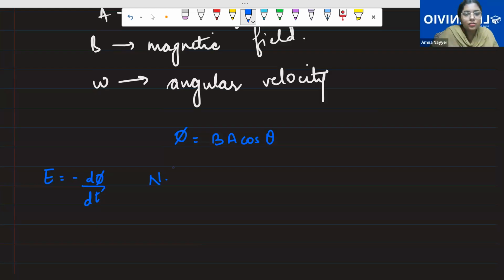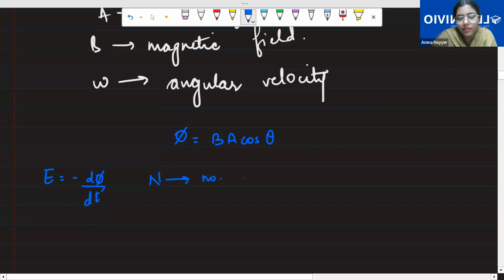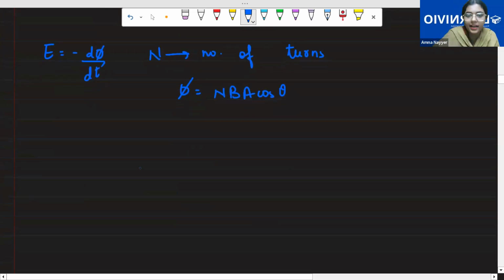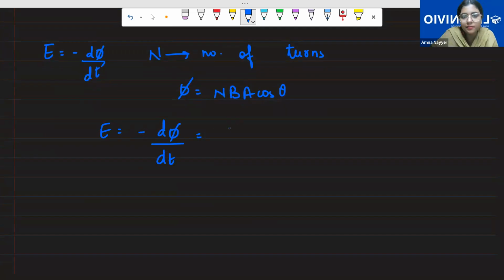Yes, class. So see, I was discussing, EMF we have as minus d phi over dt, right? For n number of turns, we'll have flux as NBA cos theta. Now, if you put this in the equation E is equal to minus d phi over dt, for EMF I'll have to write minus d over dt of NBA cos theta.